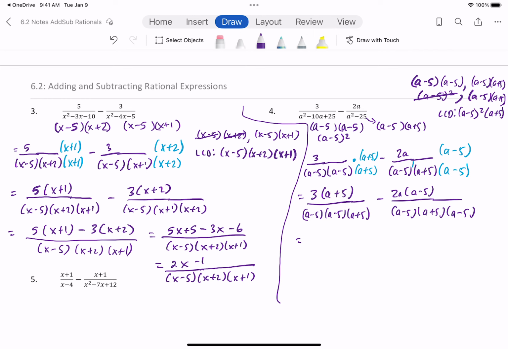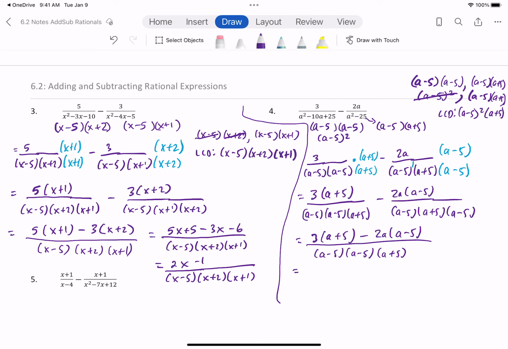So then if I multiply, well, let's write them together first. 3 times a plus 5 minus the 2a times a minus 5 over that common denominator.